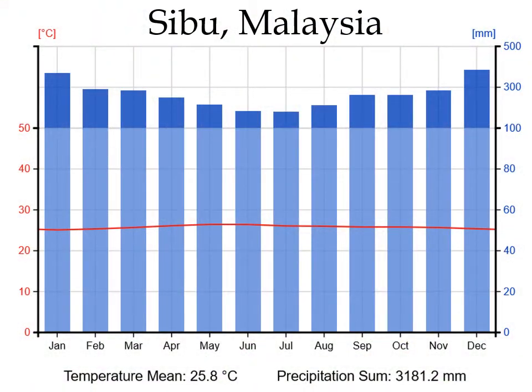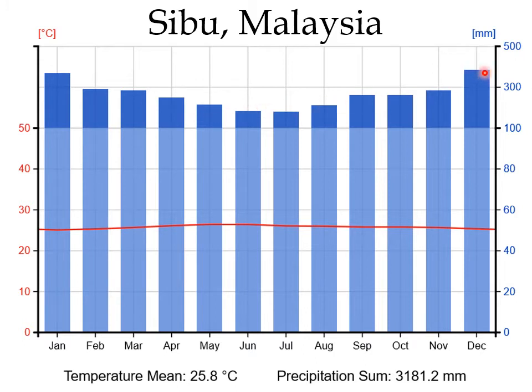This is a typical climate graph of the equatorial climate. It shows very hot temperatures all around the year. They do not change. Temperature mean is very high, 25.8 degrees, which is very hot. And the precipitation is also very high, and it does not change.